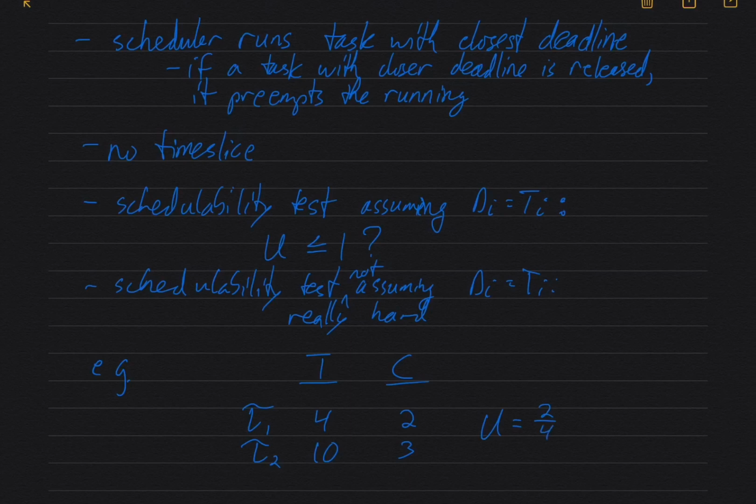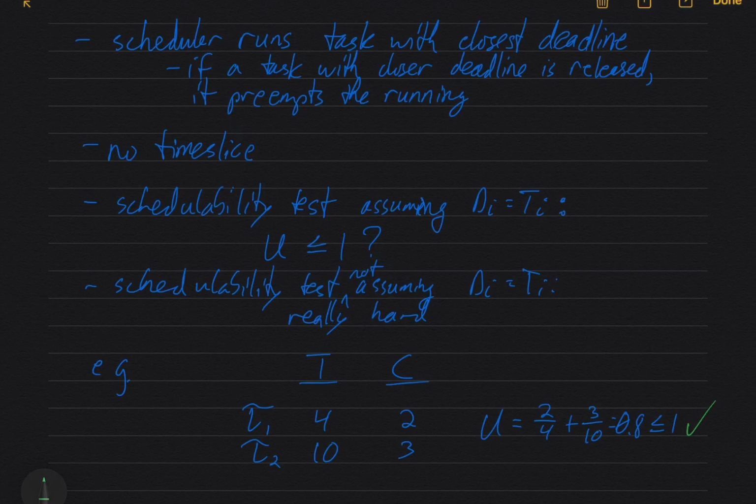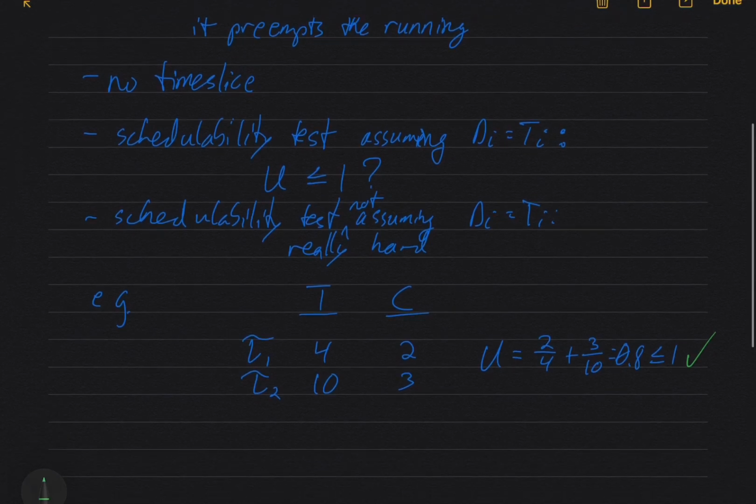It's going to be 2 over 4 plus 3 over 10, so 0.5 plus 0.3 equals 0.8, and that is less than or equal to 1. So this task set is schedulable by earliest deadline first preemptive scheduling, assuming that the deadline is equal to the period, which is what our assumption is.